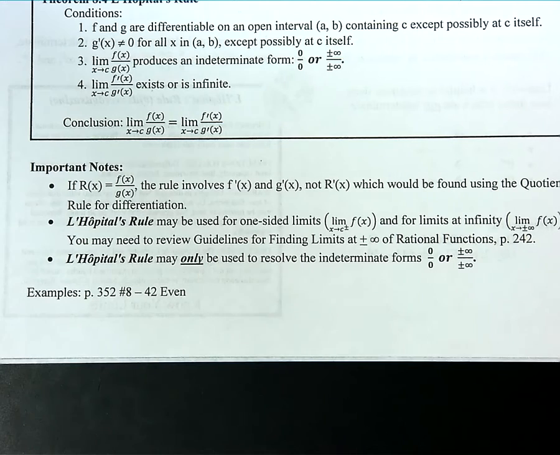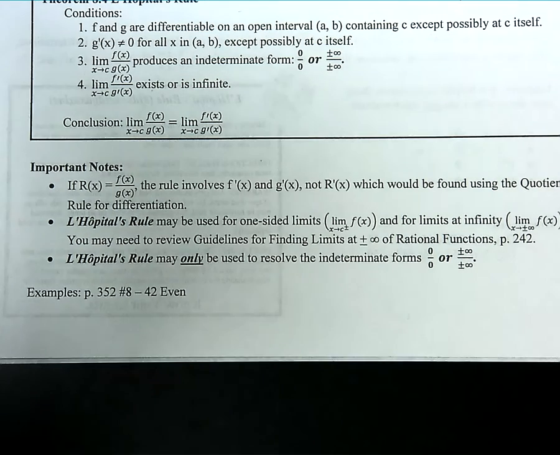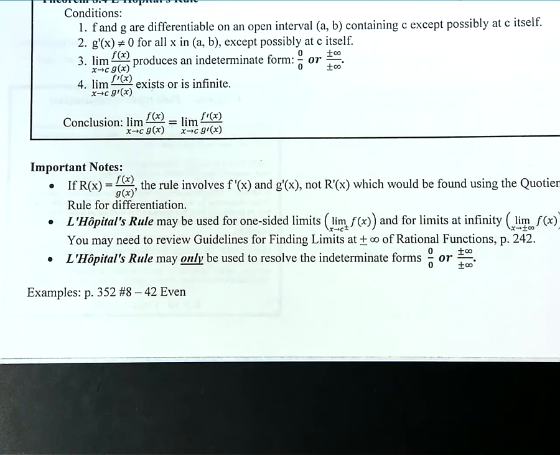You look at the degree of the numerator and the degree of the denominator. If the degree of the numerator is less than the degree of the denominator, if the bottom's getting big faster than the top, what's the whole thing going to? 0. Or if you have a rational function where the degree of the numerator is the same as the degree of the denominator, how do you get that horizontal asymptote?